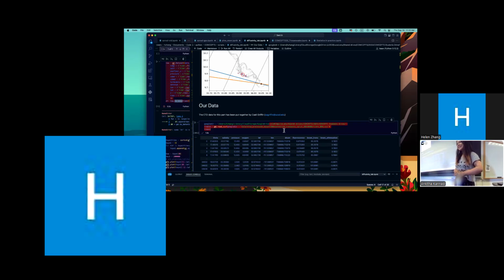Just start with the TS diagram. And then probably the next thing is to color it by something you find interesting. That'll help you identify your end members. And then once you have your end members, you can put a line between the two and look at the other points that should be along that line. See if it falls on that line.